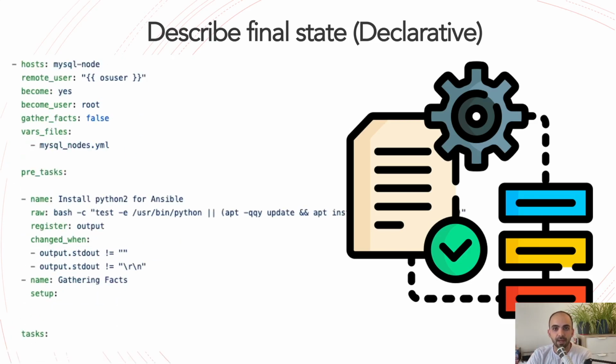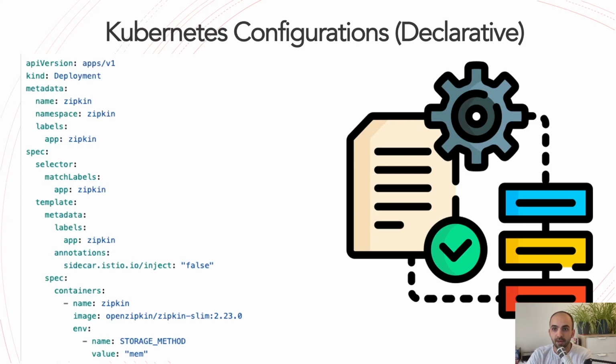As an example, we have here Terraform. It's a file that describes how to install MySQL. Also, you have seen Kubernetes configuration files. This one is, for example, a deployment that says go in and create a Zipkin deployment in your cluster.